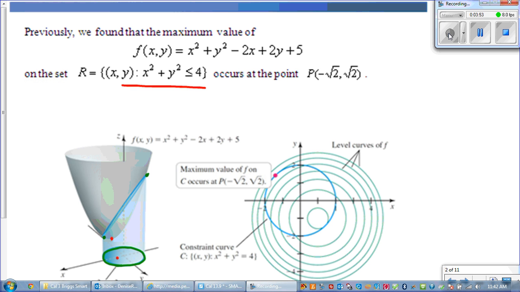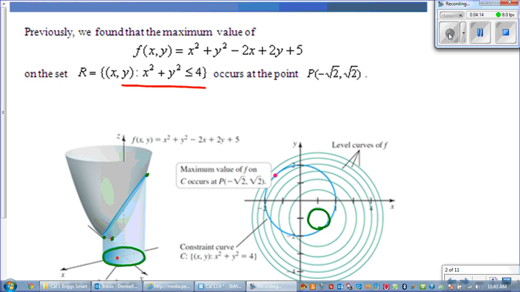Now, looking also at level curves, I pointed out that the smallest level curve was when the z-value was 3, which was at this low point, and that corresponded to this little circle here in the level curve drawing. Each bigger concentric circle corresponded to a larger z-value.